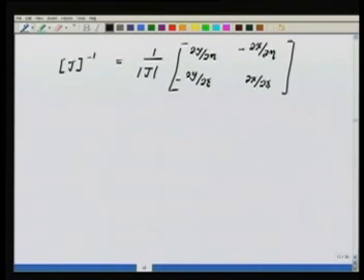So this is my J inverse, and it is now going to give me my del psi del x and so on.